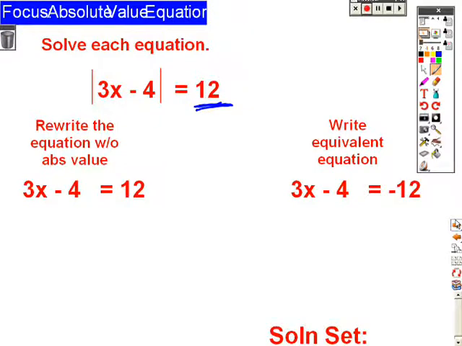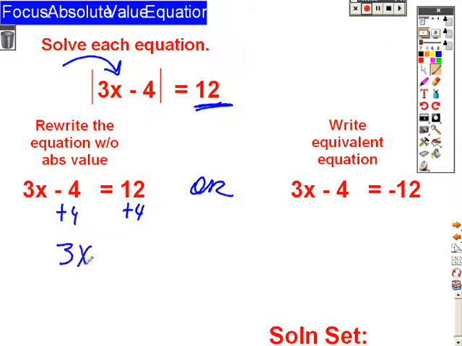So let's look at that. Already I have typed up here 3x minus 4 equals a positive 12, or 3x minus 4 equals a negative 12. Now I know what you're thinking, absolute value can't be negative. No, we're just looking for two numbers that you can plug into this and get a positive 12 as your answer. So let's see, we're going to solve the equation on the left by adding 4 to both sides.